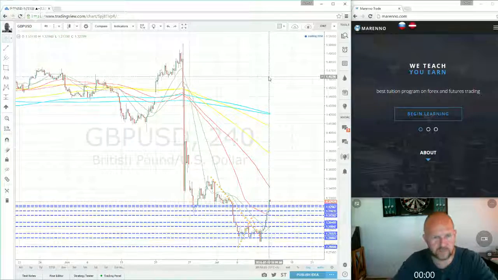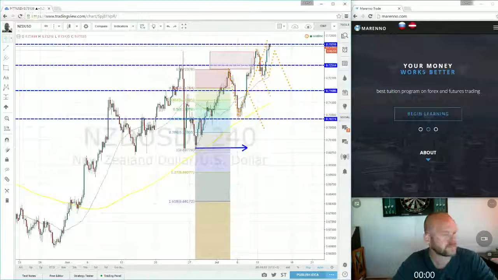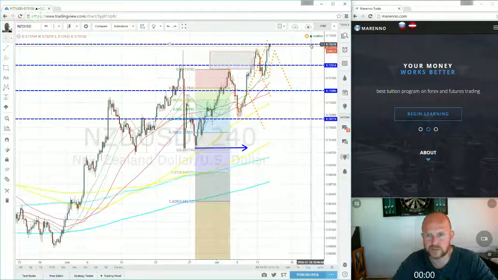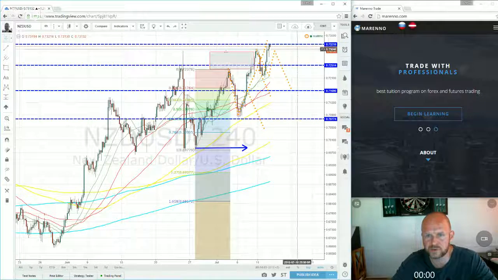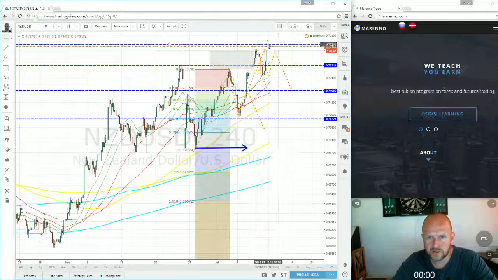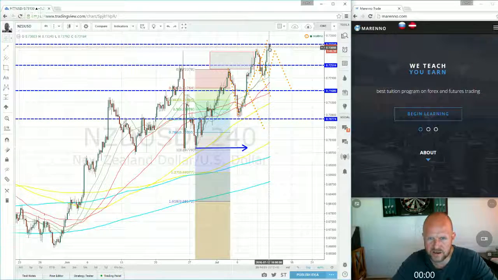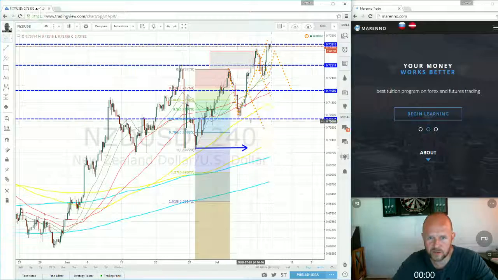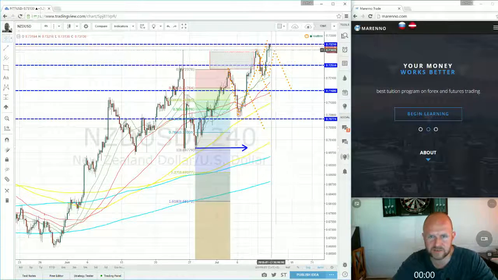Okay. Further, New Zealand. Oh, nice one. We are at session resistance at 0.73210. It does look like a reversal here. We do have a hammer, and well, a hammer is not normally at the top, but still we do have it.